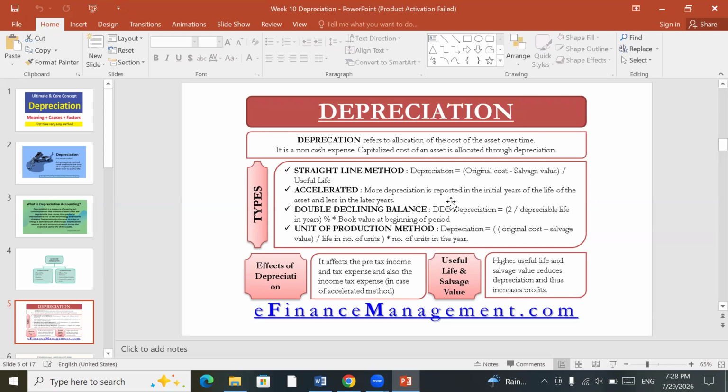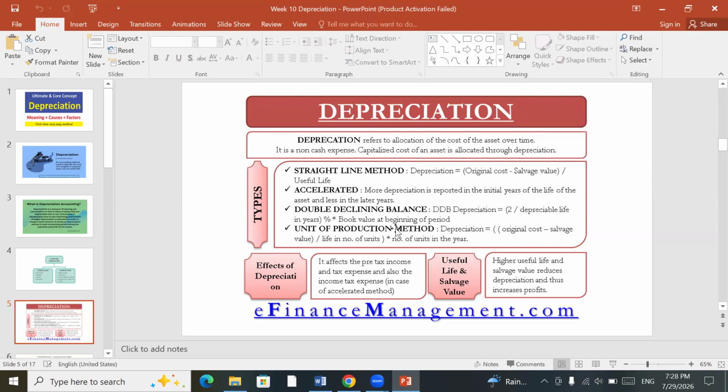This system is called the accelerated depreciation method. It is one kind of diminishing depreciation method, and another is the double declining balance method.